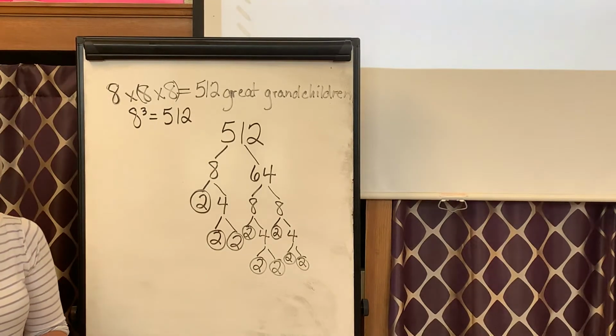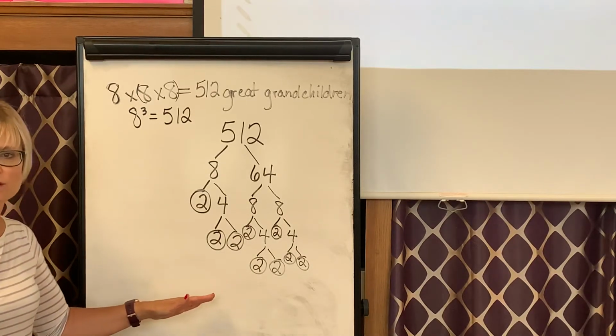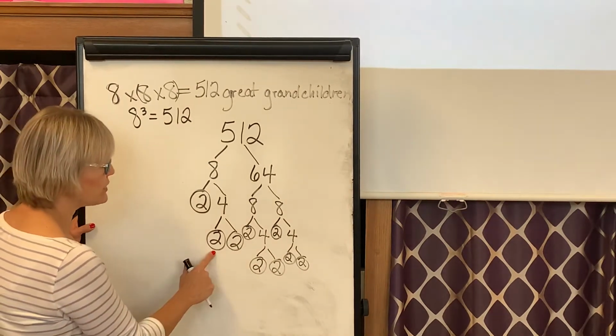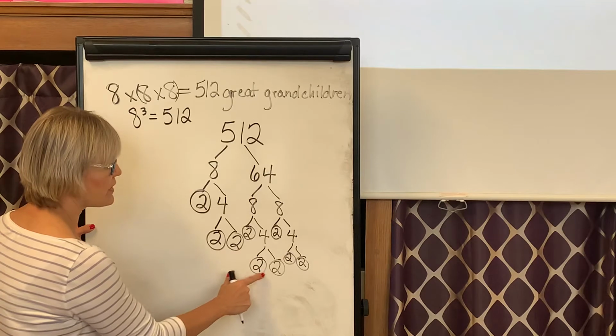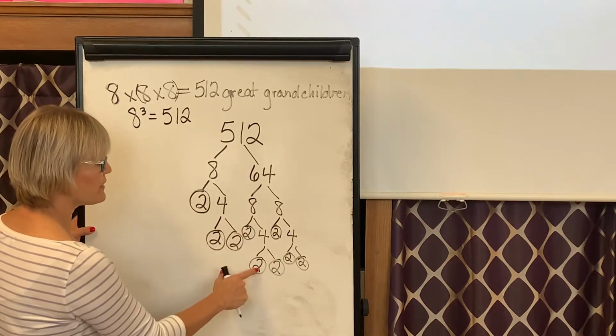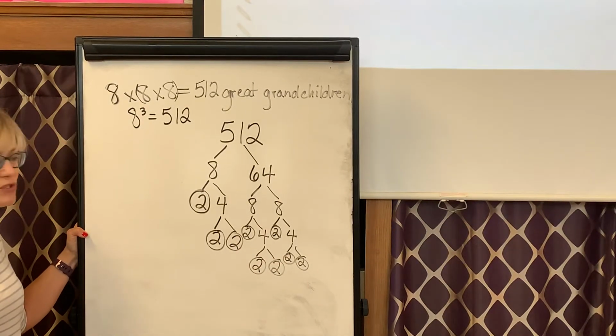Now I have to convert that for the prime factorization. Remember, I have to write these in order from least to greatest, but they're all 2's. So how many 2's do I have? 1, 2, 3, 4, 5, 6, 7, 8, 9. Holy cow, 9 2's.